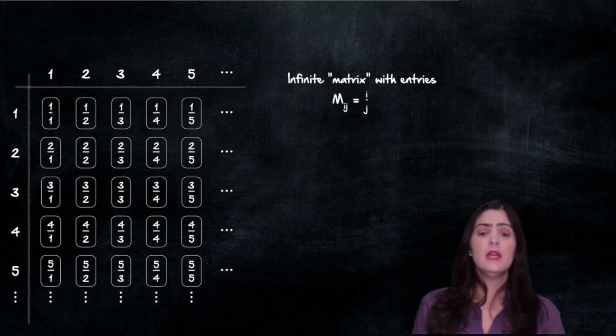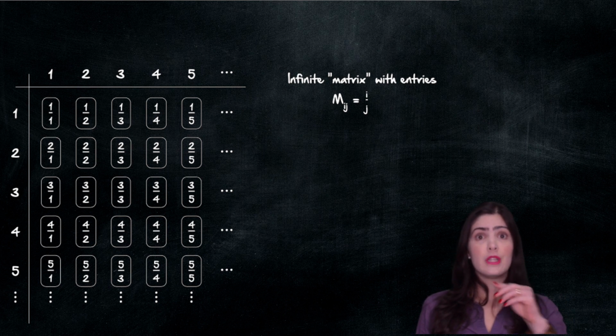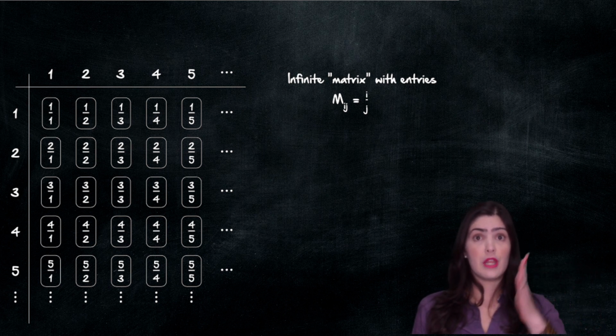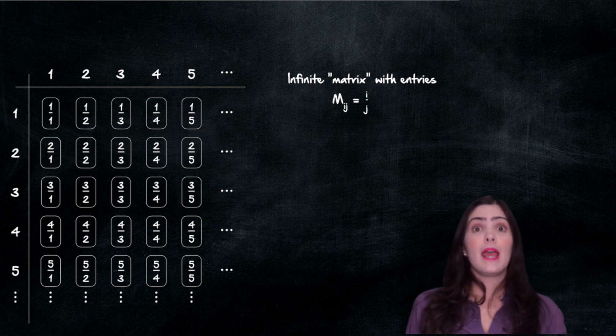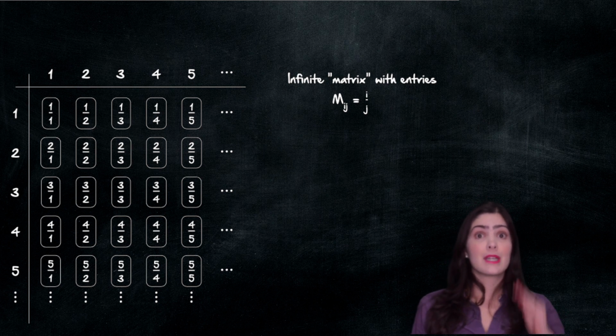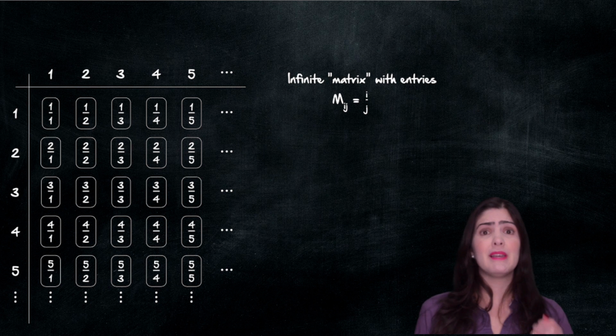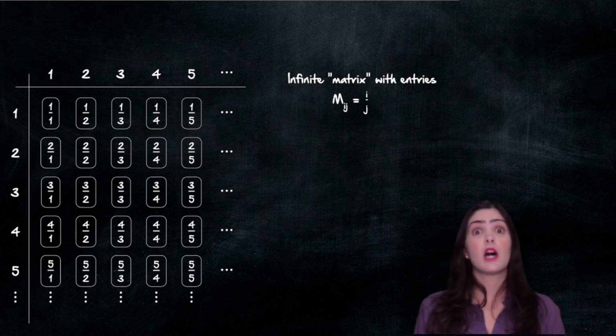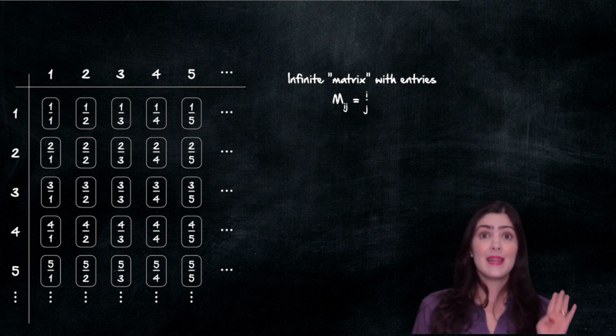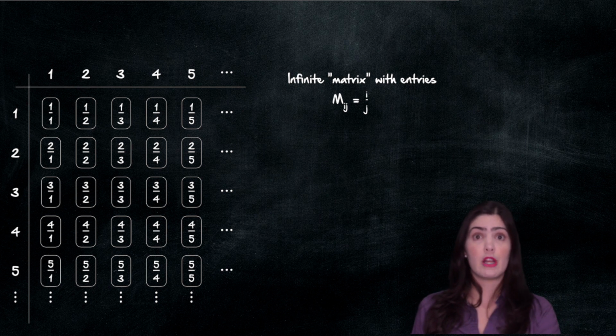So if we have an entry in the ith row and jth column, then in that place we have the fraction i over j. This is going to help us construct our bijective function from the naturals into the positive rational numbers. How do we do that?